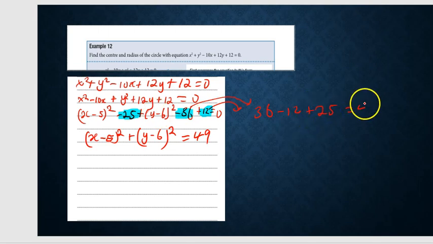So this becomes 49. Correct. So this is the next step, arranging into the correct form.